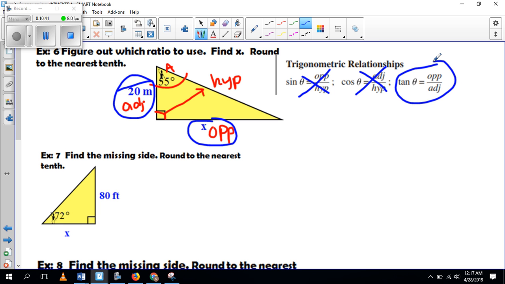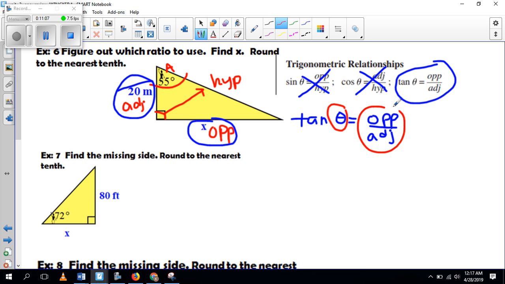The first step I tell everybody is to write your formula. Tan of angle, and remember, that means angle equals opposite over adjacent. These are the ones where you have to do a little bit more work. We're going to plug in for the angle and for this part here.